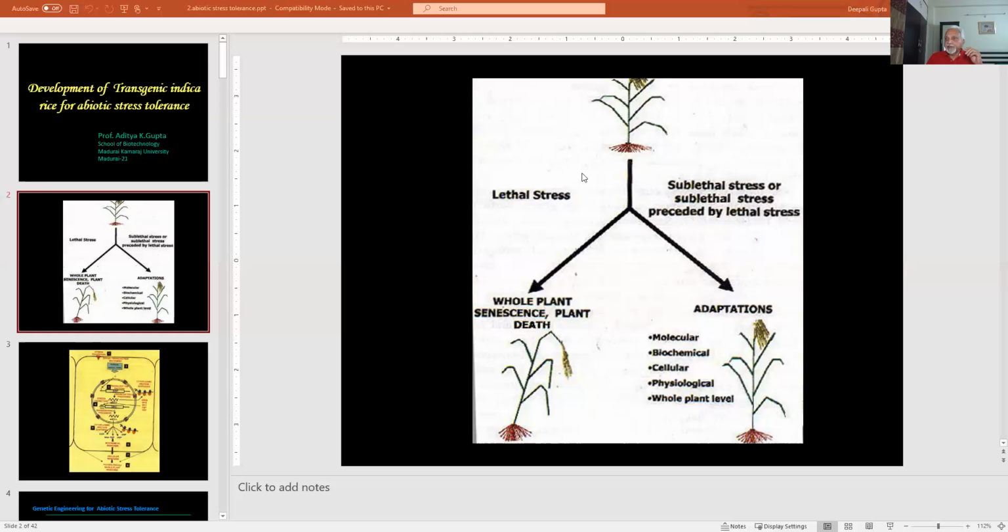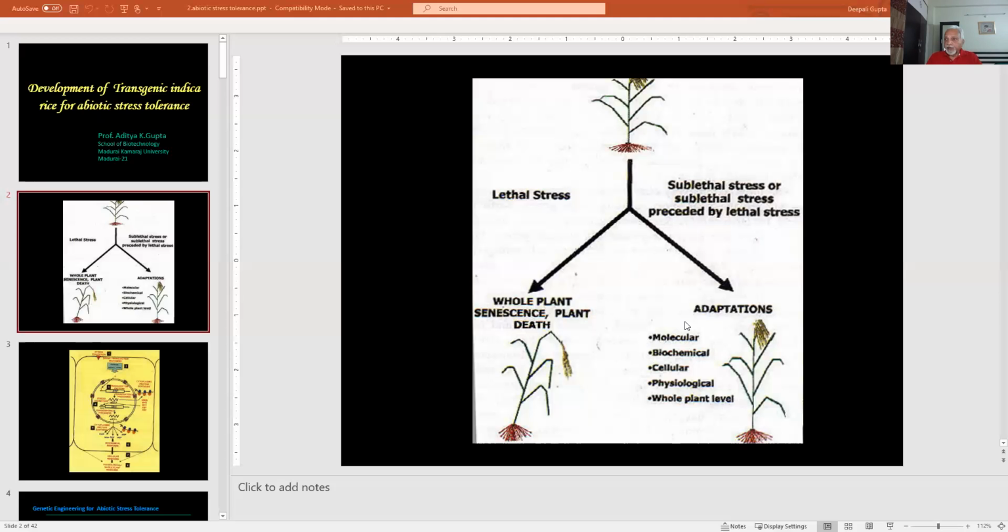And if the stress levels are lethal, then it leads to whole plant senescence or plant death. So the challenge to the plant scientists is to decipher these changes which are happening in the plants at molecular level.